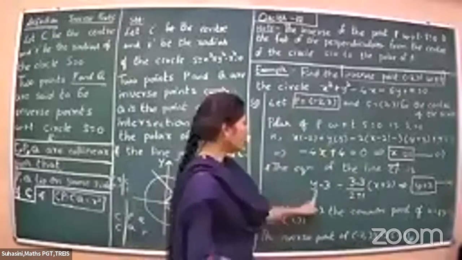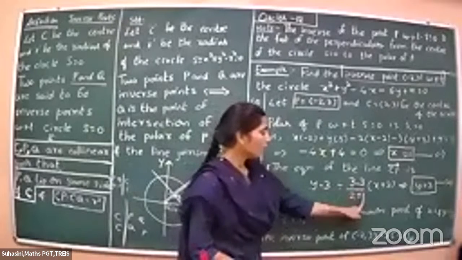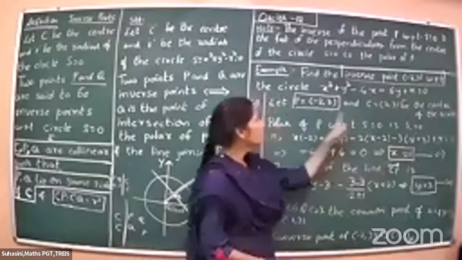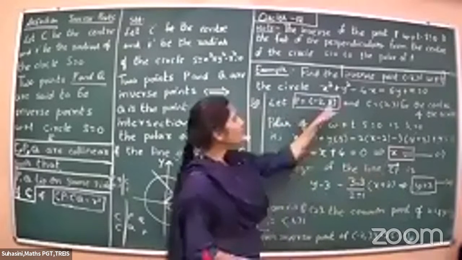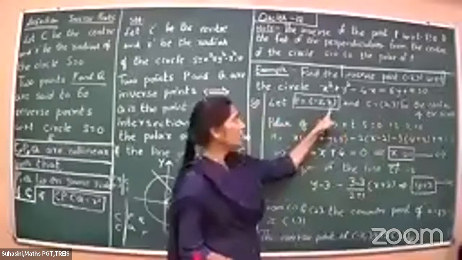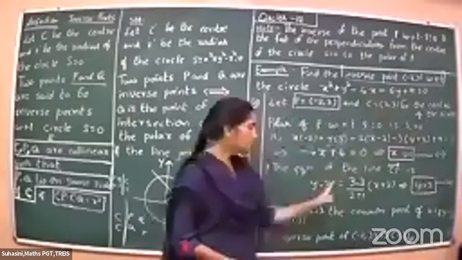Substitute in the formula. Here C is the center of the circle (2, 3), and P is the given point (−2, 3). One is (x1, y1) and the other is (x2, y2).